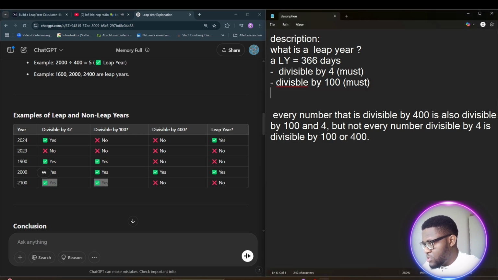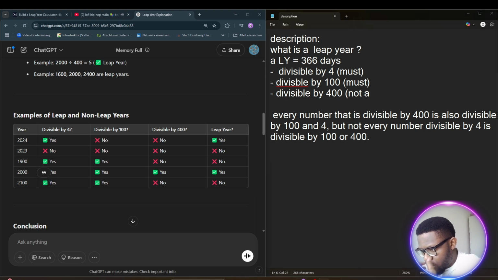So let me just put divisible by 400, not a must, because look here, also here it's not a must.